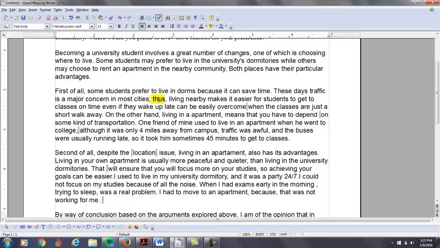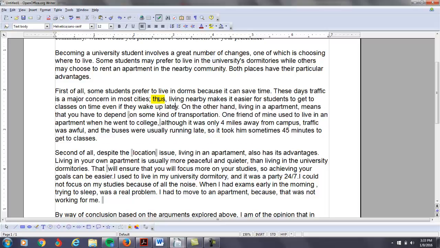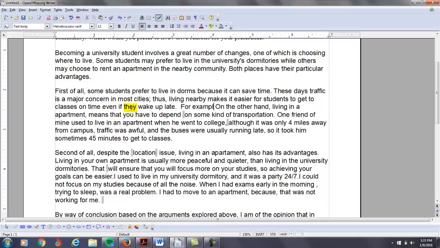Living nearby makes it easier for students to get to classes on time, even if they wake up late. You can say this.